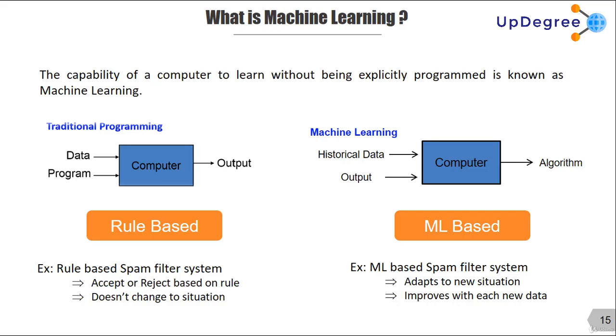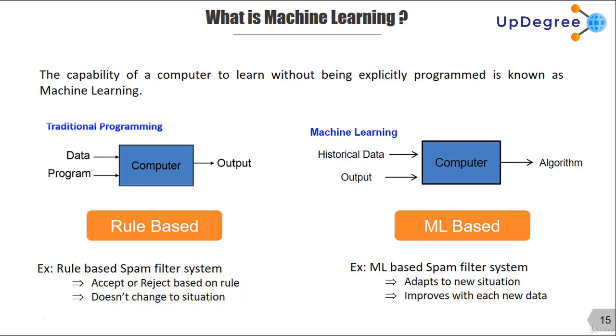Now if you try to do it the traditional programming way, you would create different rules. You would write if-else statements, while statements, and all those things. New data would come, which is a new mail, and based on your program, it would give you an output whether this is spam or not. But this is a rule-based approach, where it would accept or reject based on the rule, but it won't change to the situation.